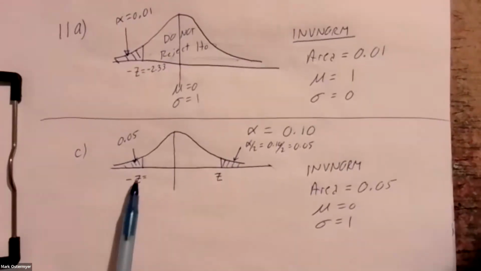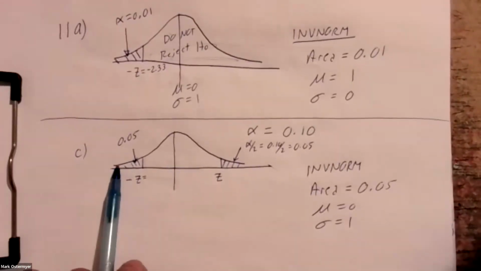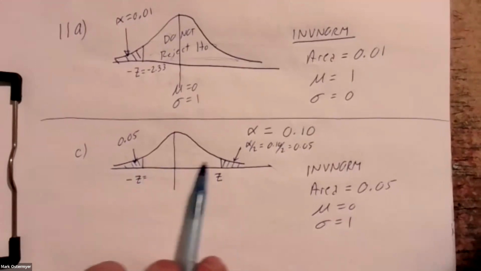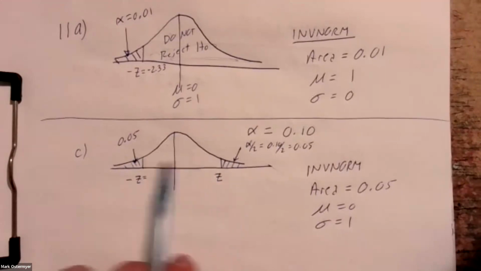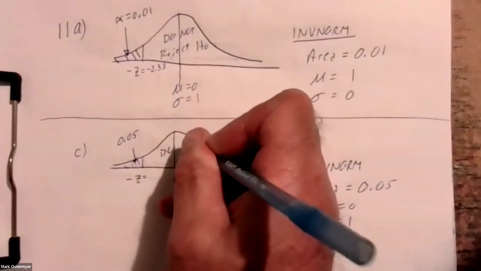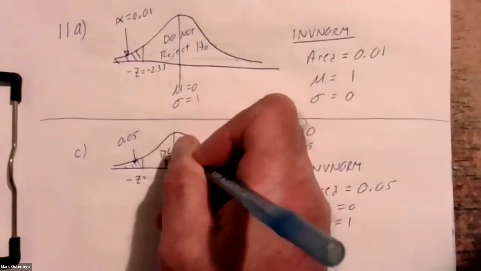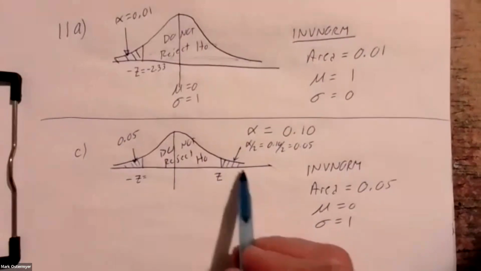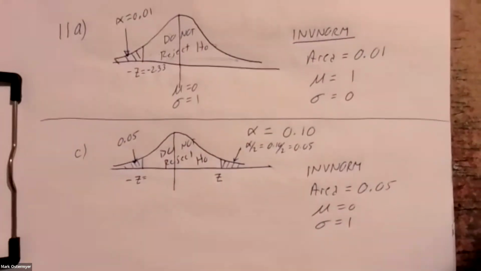That will separate the reject the null hypothesis regions from the region in the middle, which is the do not reject null hypothesis region. Right? So this is the do not reject null hypothesis, and this would be a rejection region, that'd be a rejection region. So we got to find those critical z-values that separate those regions.